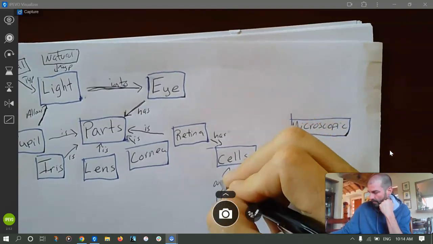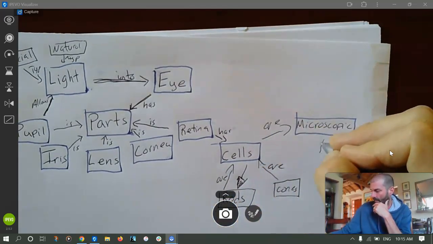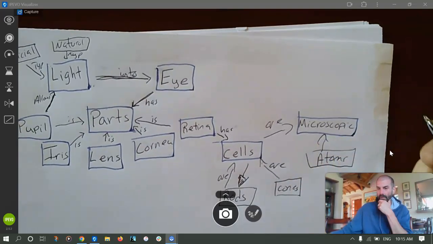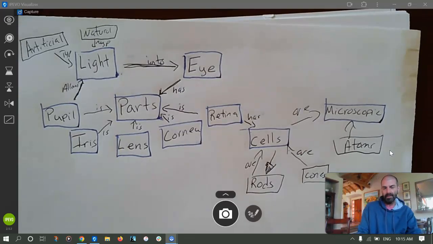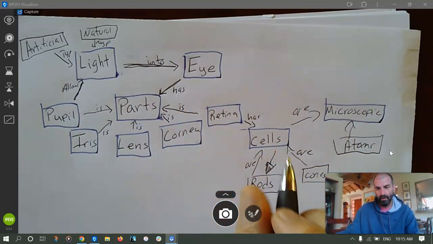The rods are cells, and the cells are microscopic, and there was other stuff too. There were atoms, right? Atoms are microscopic. So you can just play around with this to your heart's content, have fun. It doesn't necessarily need to be pretty. If we're going to publish it, then I would want to do this a little better than I did. But I wanted to give you a quick understanding of what that concept map is.